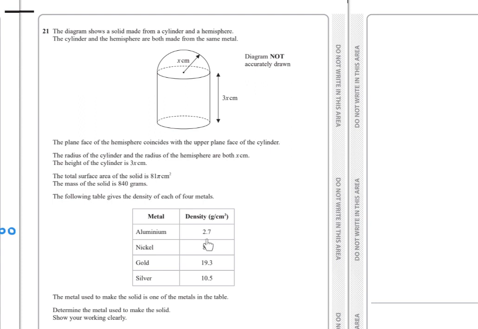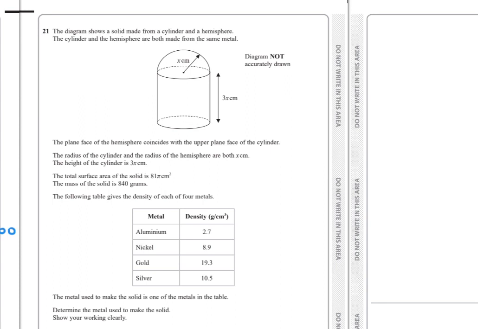We have density for each one of them. So we need to find the volume of the solid, and we have the mass, so divide the mass by the volume, then find which metal you used according to the density you get.